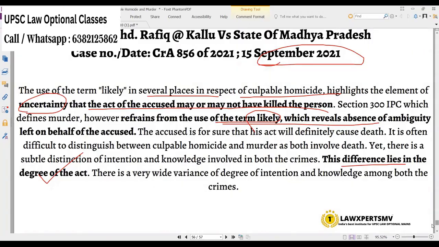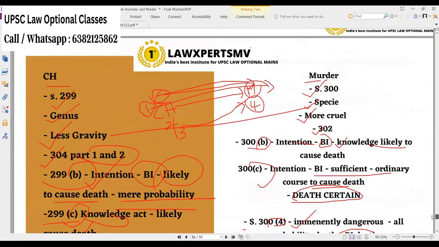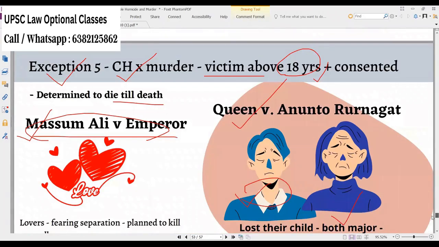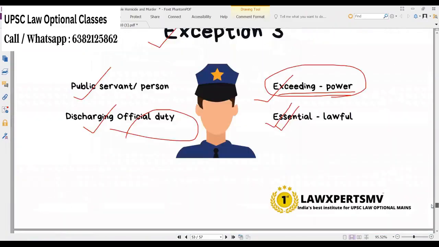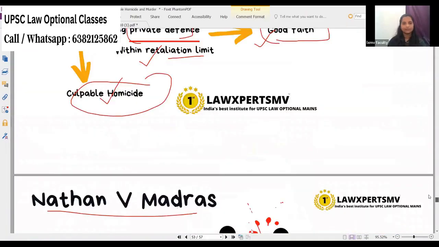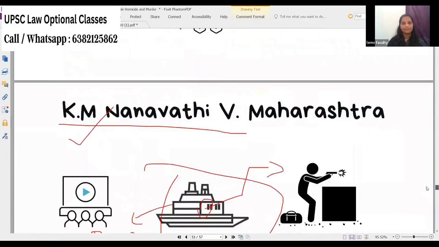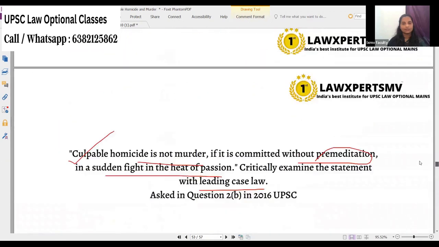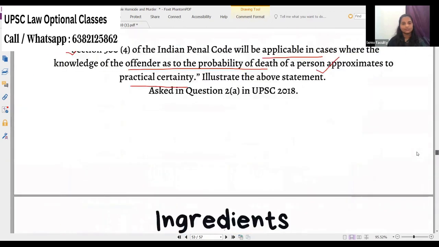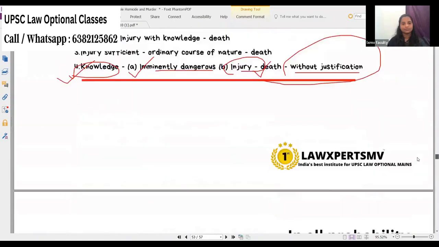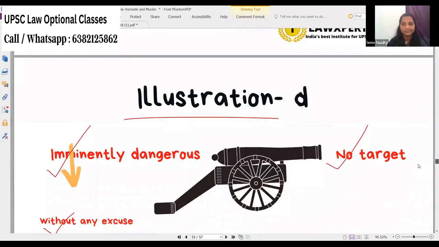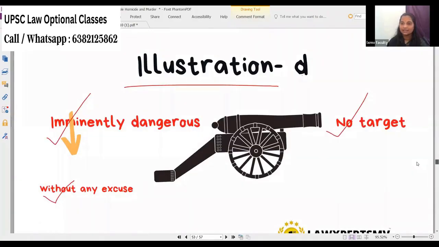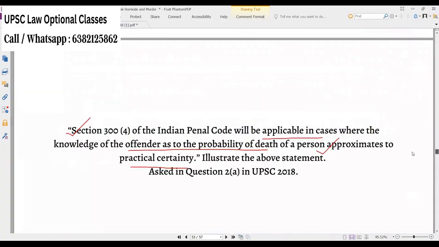Ma'am? Yes, sir. Ma'am, can you please explain illustration 3 of Section 300, one second, please? Okay, sir. Let me. This one, sir? Illustration D? Ma'am, 3C, illustration C. Okay.